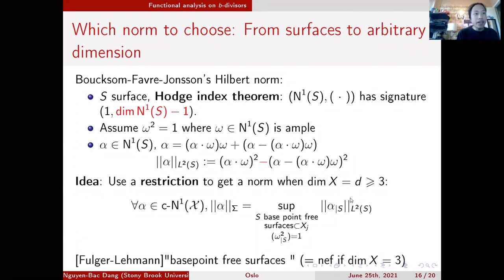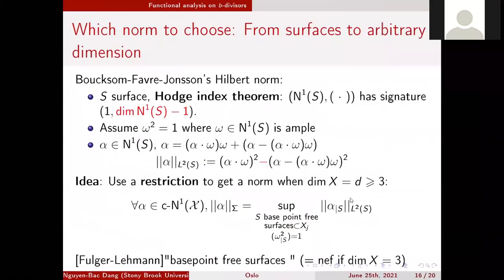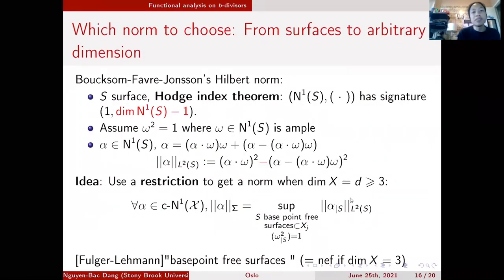This is basically the way we define the norm, and we have to check that it induces a Banach norm. Is it clear that it's a finite number? No, it's not clear, but that's what you have to check. That's what we check.